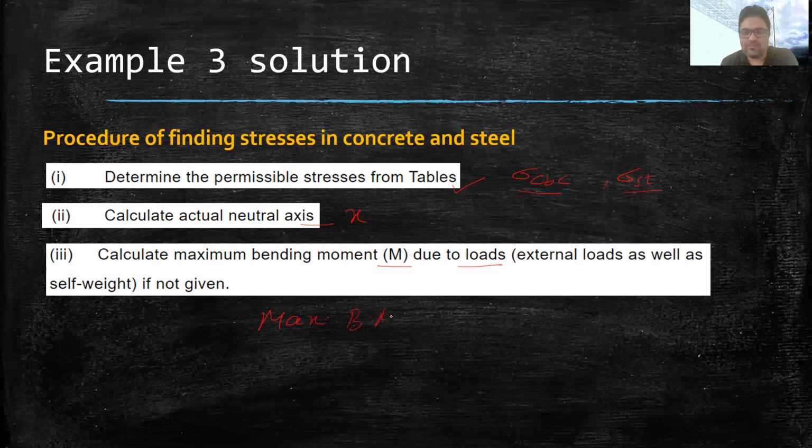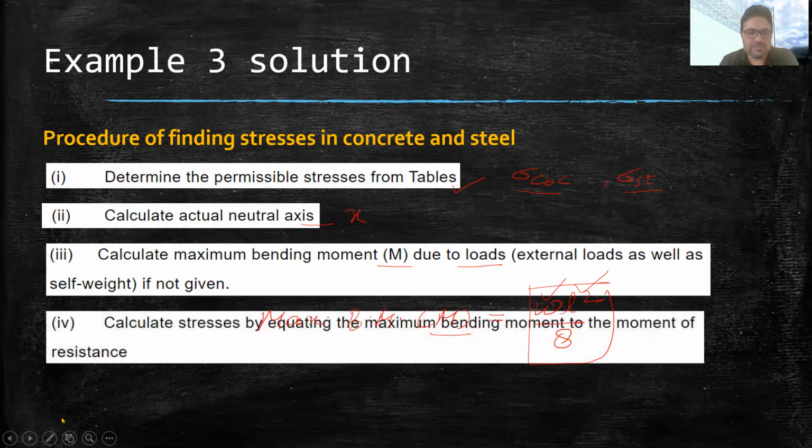The formula for a beam carrying UDL over the whole span, if the beam is simply supported, is WL square by 8. W is given in the question, L is given in the question, so we can easily find out the value of M. So this is our third step in which we will find out the bending moment.